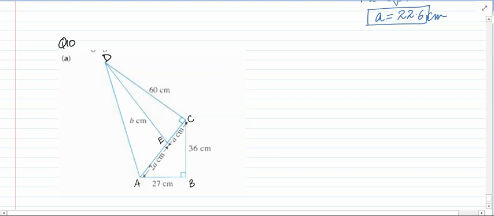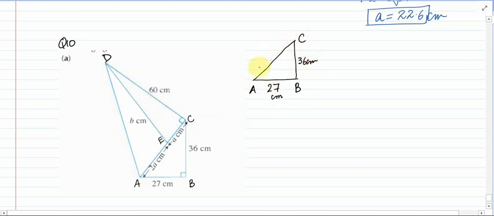At first I am going to pick triangle ABC. In AB the length is known, that is 27 centimeter. In BC the length is known, 36 centimeter.